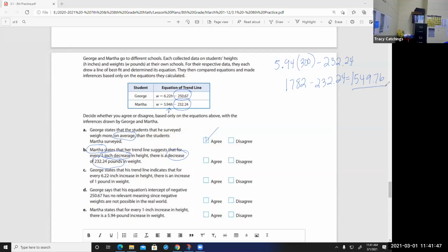All right, and they said 1 inch decrease. So now do 5.94 times 299. And you took away 232.24.